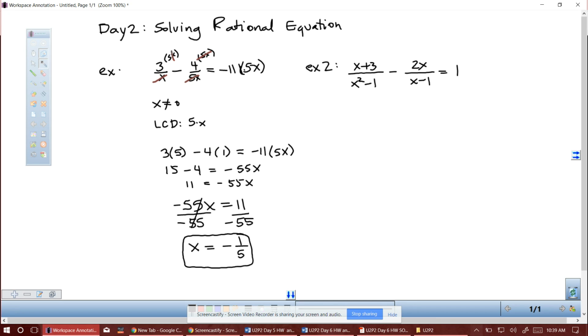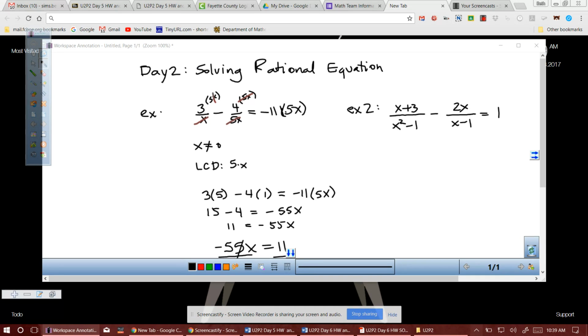So this is my problem in which I want to deal with the fact that I have this term, x squared minus 1, is not factored. So let me work on factoring that really quick here.